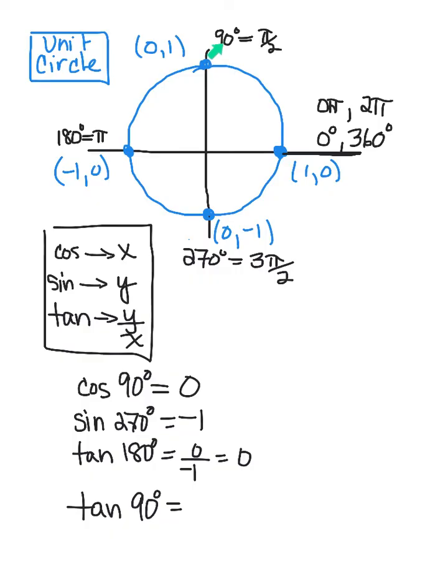So I go up here, here's 90, and here's my y value, and there's my x value. So I am going to do 1 over 0. Now, 1 over 0, this is different than what you have here. When you have 0 in the numerator and a number in the denominator, the answer is 0. When you have the reverse, a number in the numerator and 0 in the denominator, just remember that that is undefined. So then you would just simply write undefined, and you can write UND, that's totally fine.